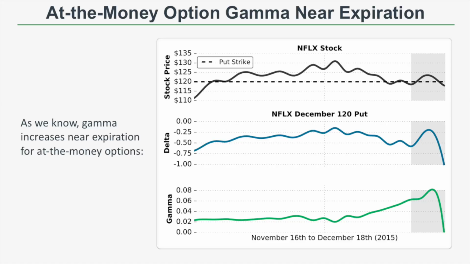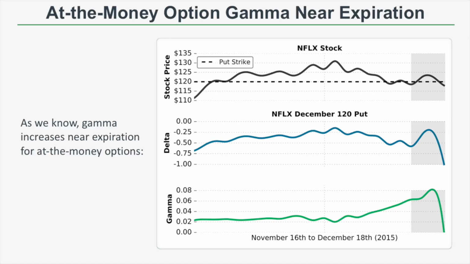Now we can also see that the gamma, which is the bottom chart, is increasing significantly in those final days to expiration. Now as we can see, up until that shaded region, the delta of this option wasn't really fluctuating that much on a daily basis. However, in those final days before expiration, the option's delta went from -0.5 to -0.25 and then all the way down to -1.